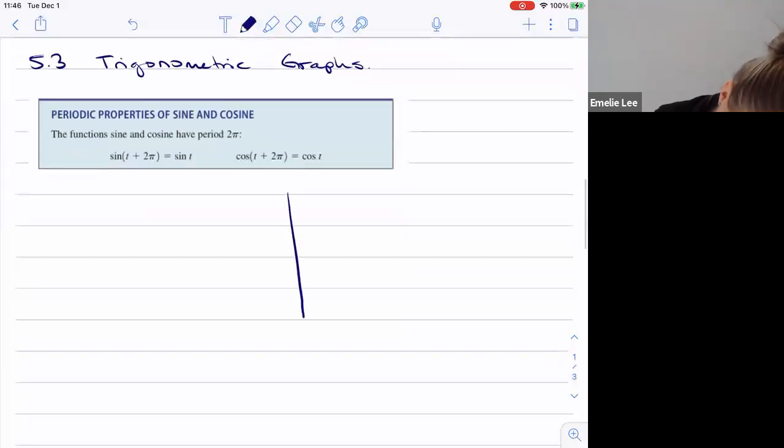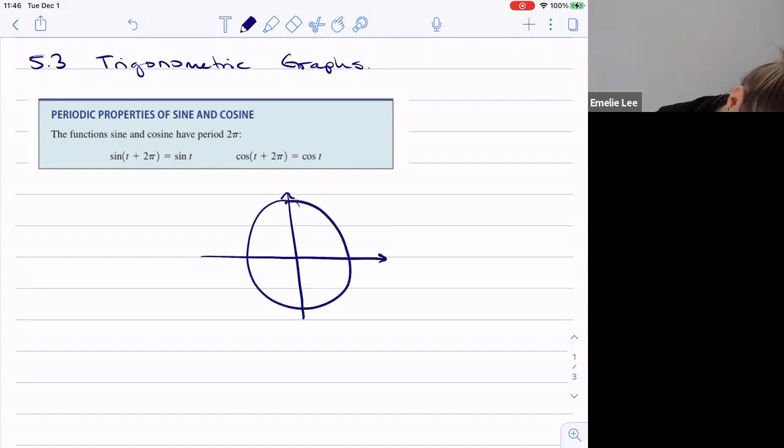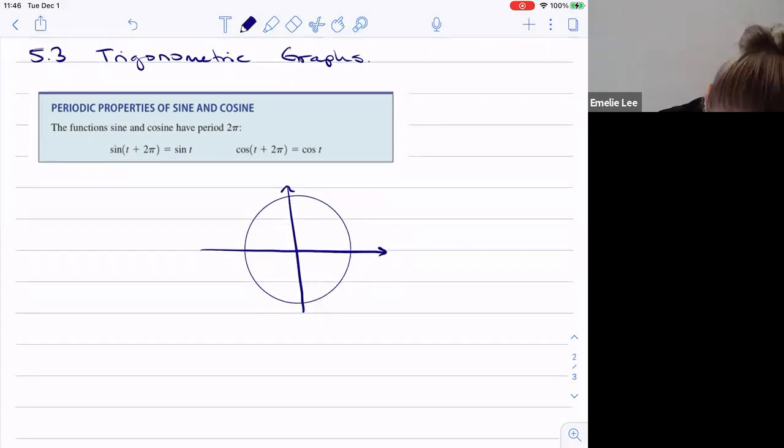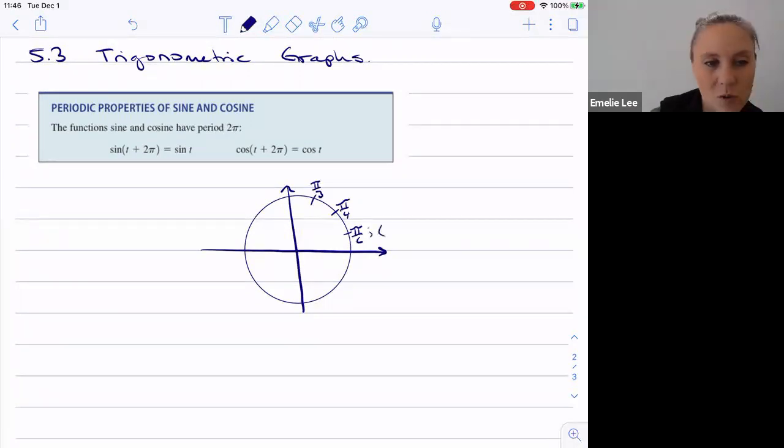So if we think about our unit circle here, then we have these cutoff points, pi over 6, pi over 4, pi over 3, and we know the x, y values at these points. Do you remember? Root 3 over 2 and 1/2.